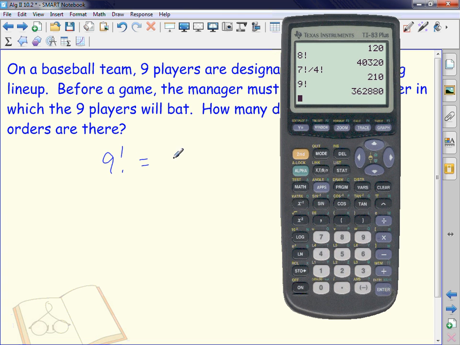Enter. 362,880. There are 362,880 ways the manager could change his lineup. That is a whole lot of ways. But that's every possibility. In baseball, you want to make sure you have your best player in the correct position. That way, you're most likely going to score runs.